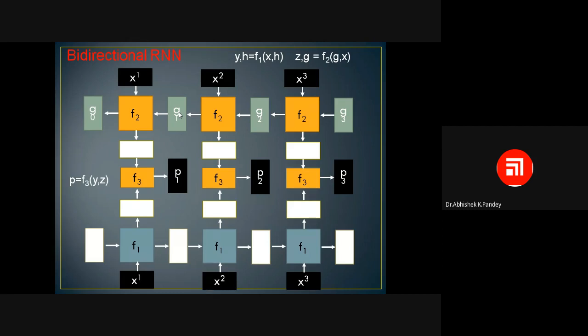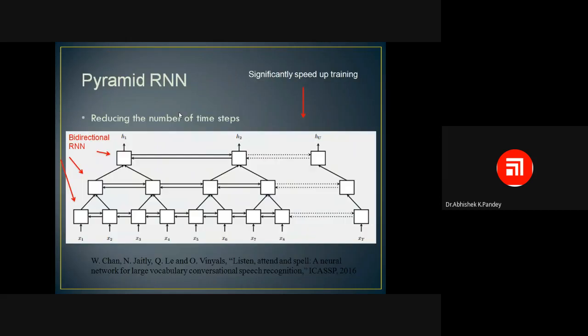Fine. So before getting into LSTM, long short-term memory network, we have to finish this off in a better way. I have taken this from one conference: Listen, Attend and Spell, a neural network for large vocabulary conversational speech recognition. How is it getting done?